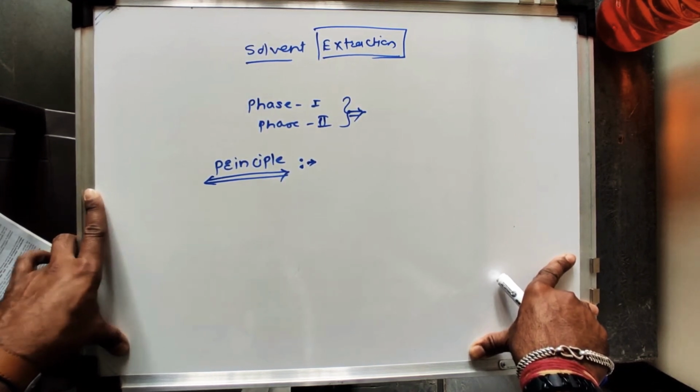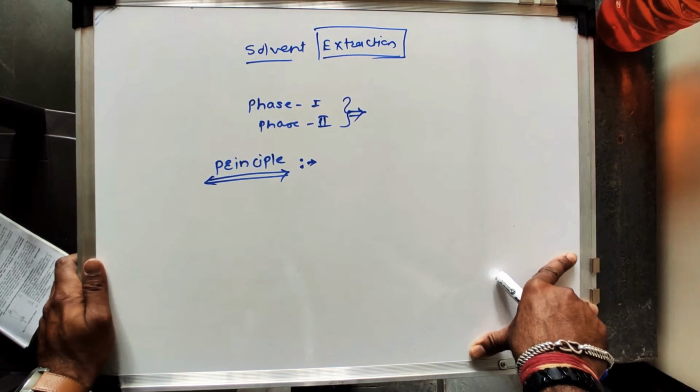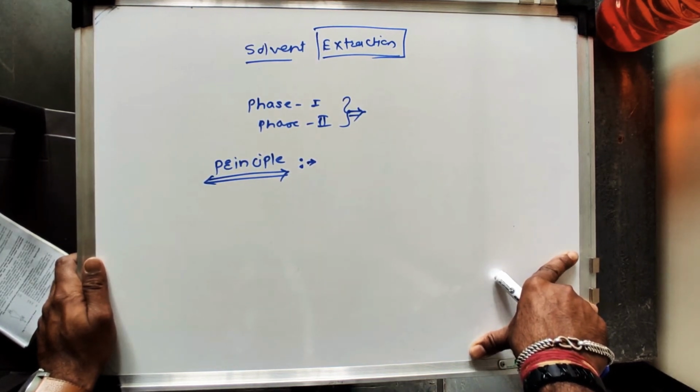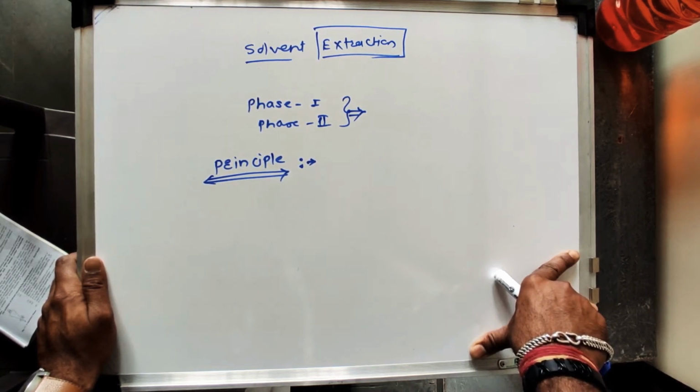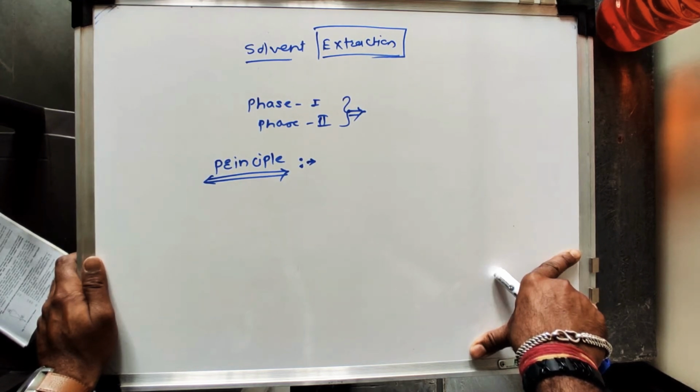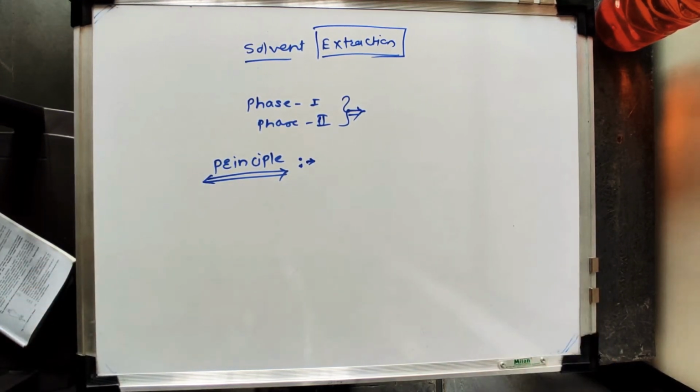If we want to discuss the principle, because during the examination the principle will be asked, right? Solvent extraction technique is based on the principle that a solute can be distributed in a certain ratio between two immiscible solvents, right? This is the main principle, right?